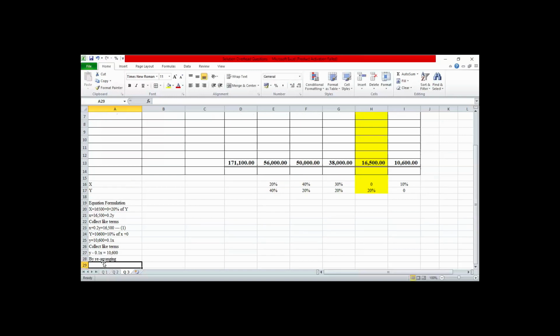Your first equation. Now we have minus 0.1X plus Y equals 10,600. Equation 2.